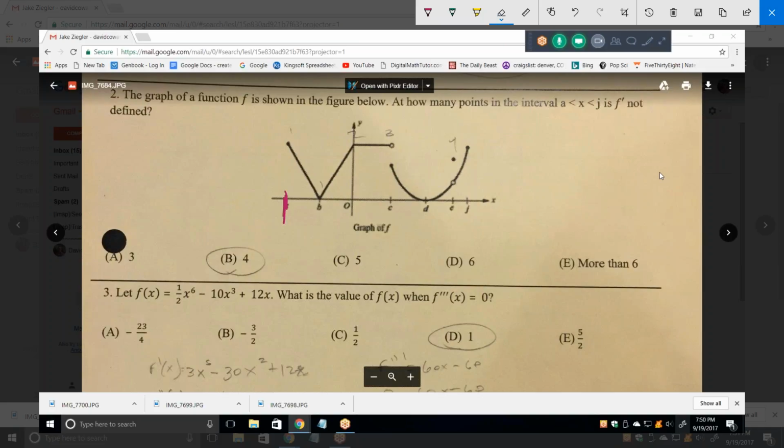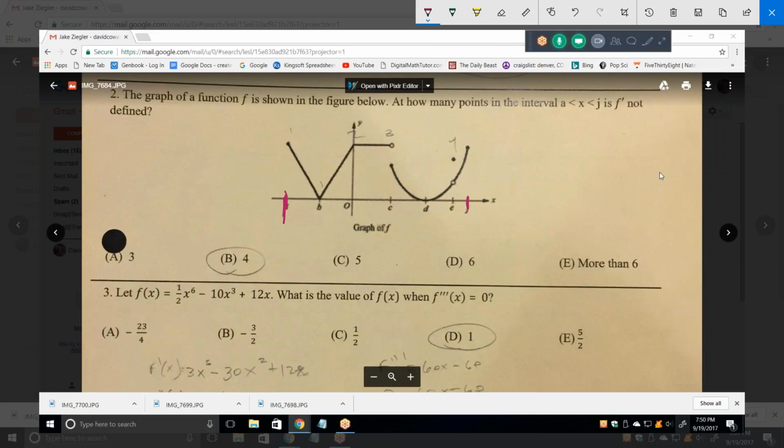In other words, that's C, D, E, F. They don't have a J on there. So I can only guess that they meant this point. It's the only way this problem makes sense, if they mean that point there.